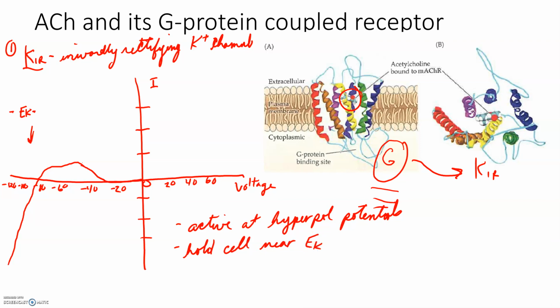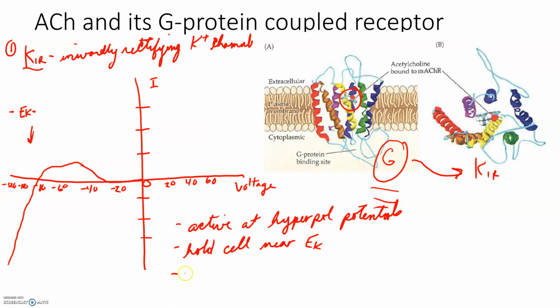Okay? And so this means that even if the cell is stimulated, but the G protein is activating these inwardly rectifying channels, typically no action potential will be given because these channels have such a large current of potassium that's actually flowing into the cell to keep it at EK. That's why it's inwardly rectifying towards EK.